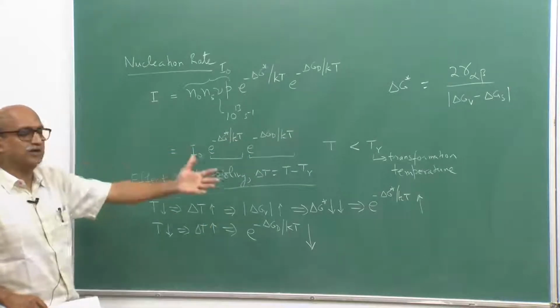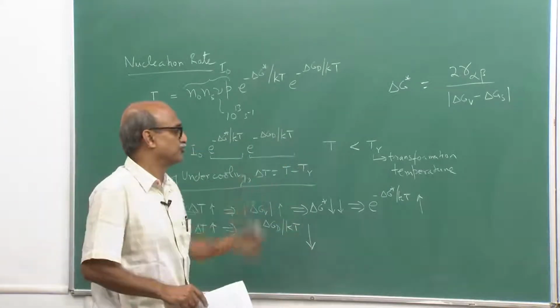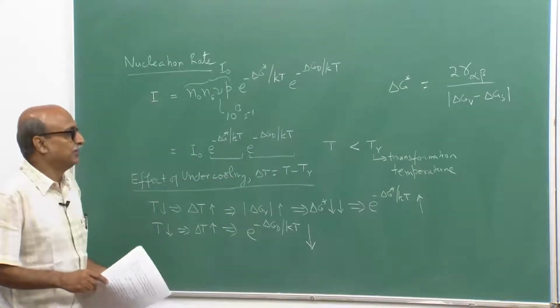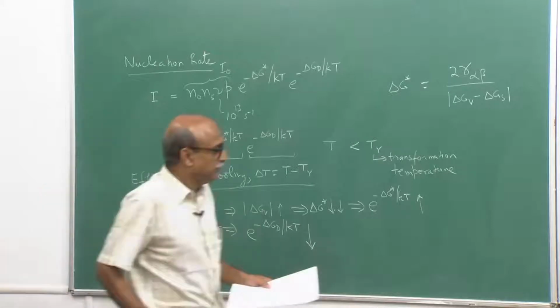For large undercoolings, the nucleation rate is small, while intermediate undercooling gives you larger nucleation rate.